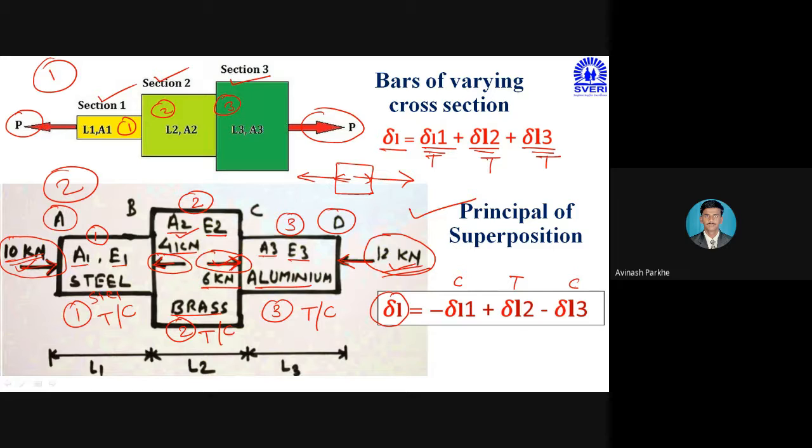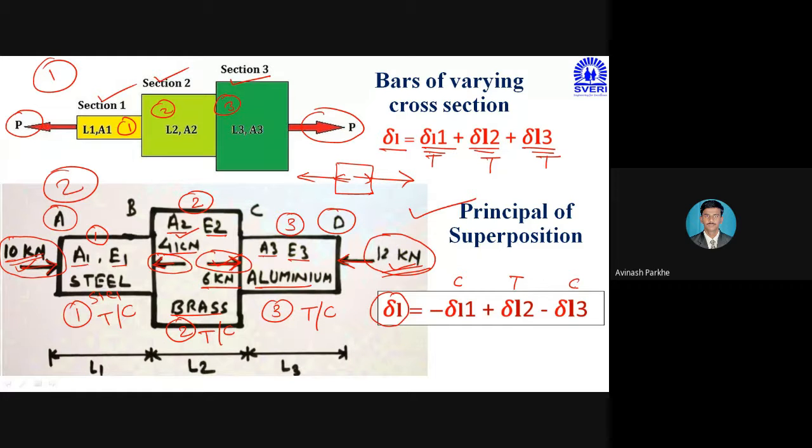In bars of varying cross section, we have used a simple formula: total deformation is equal to delta L1 plus delta L2 plus delta L3, even if the load is tensile, even if the load is compressive. बार्स ऑफ वेअरिंग क्रॉस सेक्शन मध्ये जरी लोड टेन्साईल असला, जरी लोड कॉम्प्रेसिव्ह असला, तरी पण आपण काय केलंय, सगळ्या डिफॉर्मेशनची बेरीज केली आहे आणि त्याच्यामध्ये आपण एकच लोड सगळ्या सेक्शनसाठी कन्सिडर केलेला आहे.